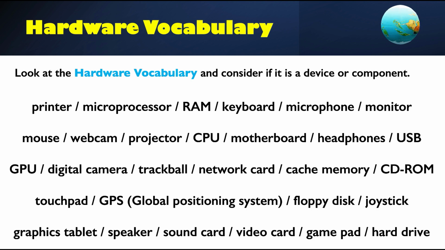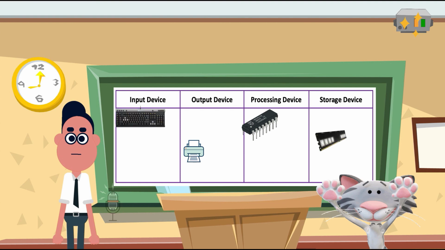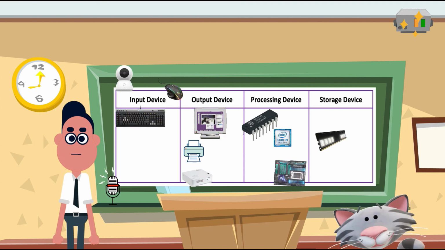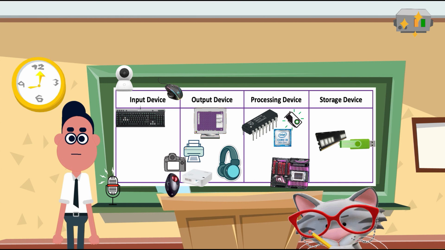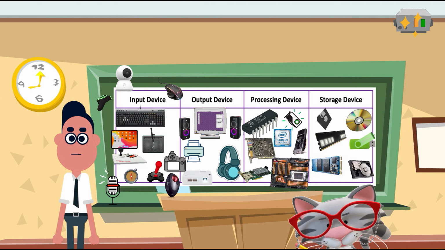Quite a lot of vocabulary to learn. But if your major is computer science, computer engineering, and so on, you're probably quite familiar with it. Be happy about learning all this vocabulary of hardware.